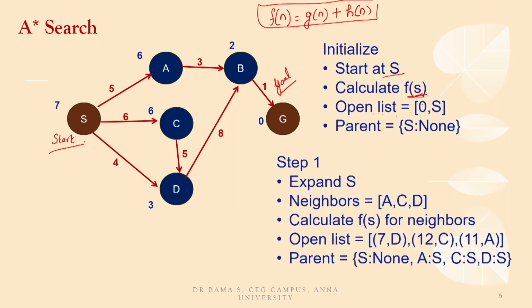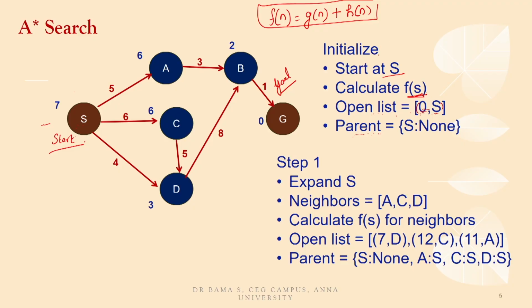In the open list, remember we will have first the value of the heuristic and then the name of the node, that is the structure we had in the code. So, we will also follow the same thing. At S the value is 0, this is the starting stage. At S the value, which starts with G, is 0, this is the G value, and the parent of S is none.